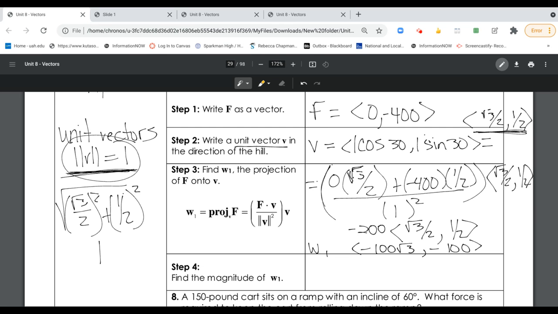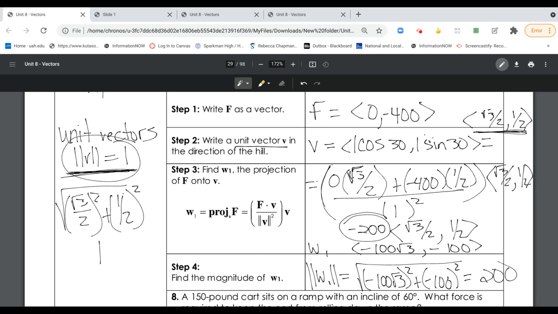Now, when I go through and I actually find the magnitude of W1, and I do the square root of negative 100 square roots of 3 squared plus negative 100 squared, I get 200, which is the absolute value of this number right here. So instead of going through all of that, because it's going to work this way every time, if this is a unit vector, I'm going to multiply by that unit vector.